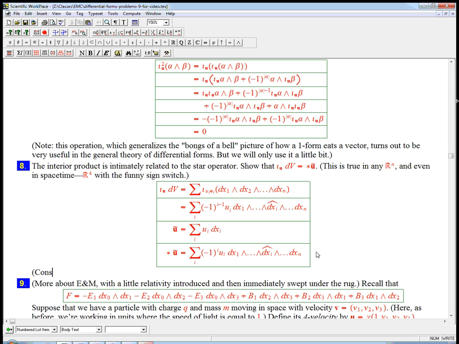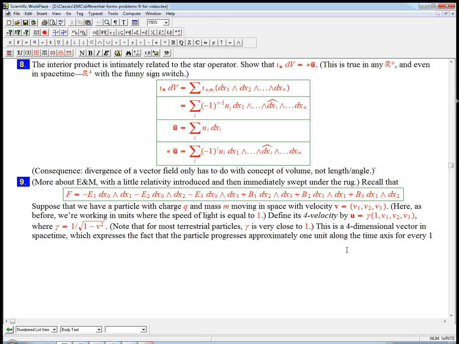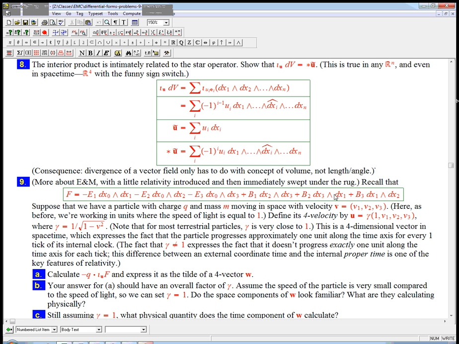So a consequence, I won't go further right now because I don't have it set up, is that the divergence of a vector field only has to do with the concept of volume. You do need the dv, not length or angle or anything like that. Whereas a lot of other operations you do with vector fields really do have to do with the geometry of lengths and angles. Okay, good place to stop this one.